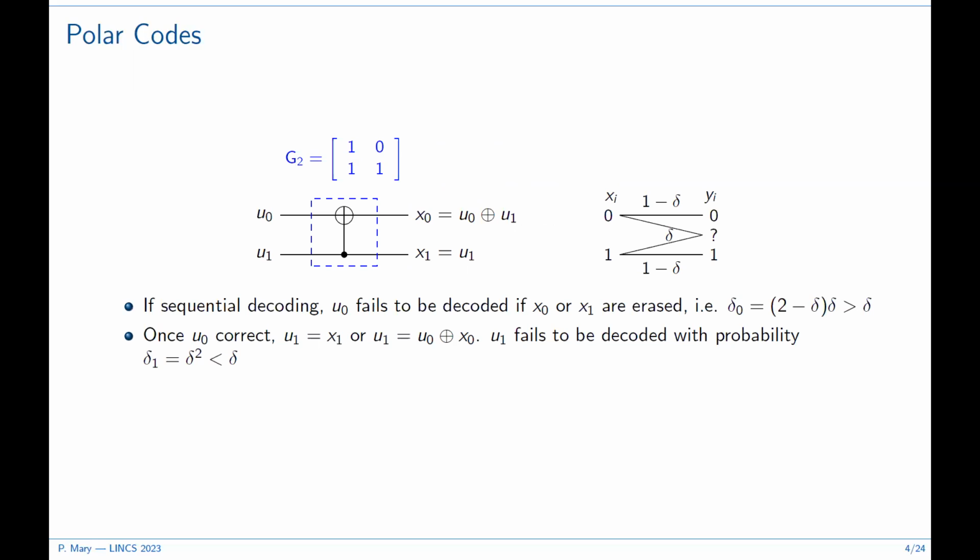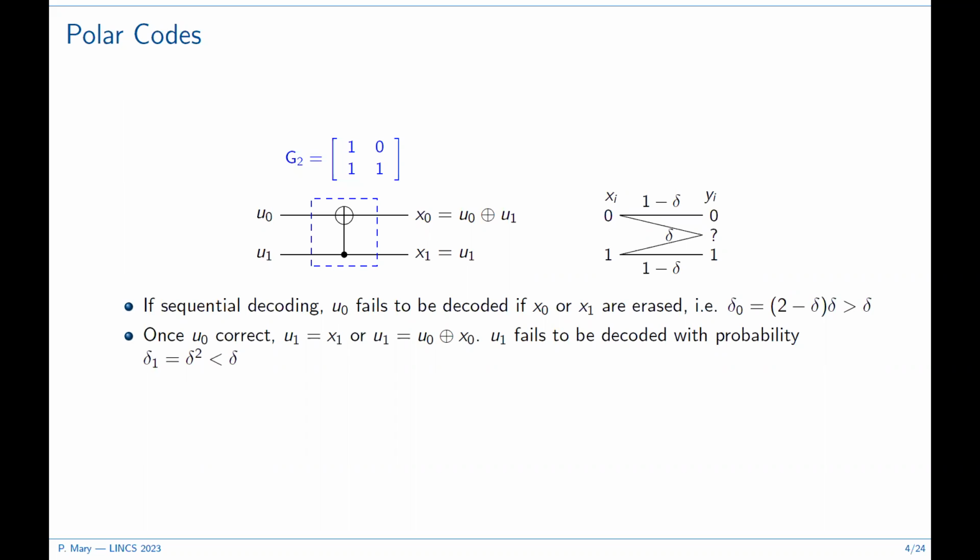If we go with sequential decoding, so we first decode U0 and after that U1, then U0 fails to be decoded if X0 or X1 are erased. This happens with probability (2 minus delta) times delta, which is strictly greater than delta, the original erasure probability.